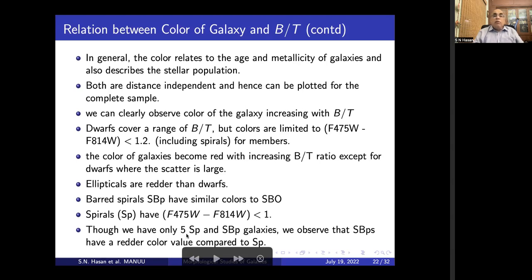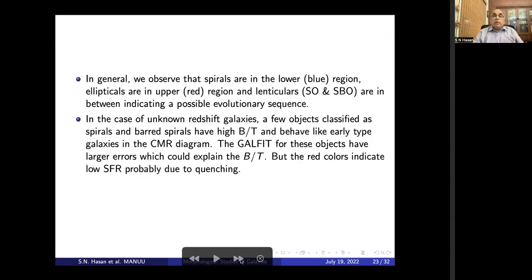Though we have only 5 spirals and barred spirals, we observe that barred spirals have a redder color compared to spirals. In general, we observe that spirals are in the lower blue region, ellipticals are in the upper red region, and lenticulars are in between, indicating a possible evolution in sequence.